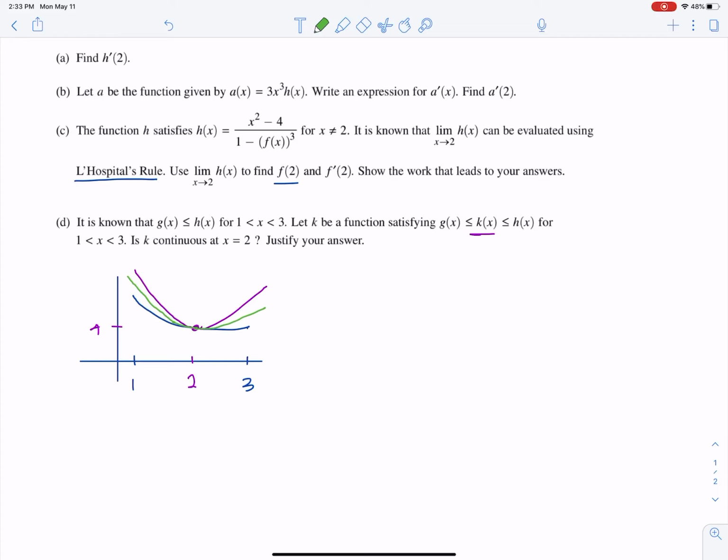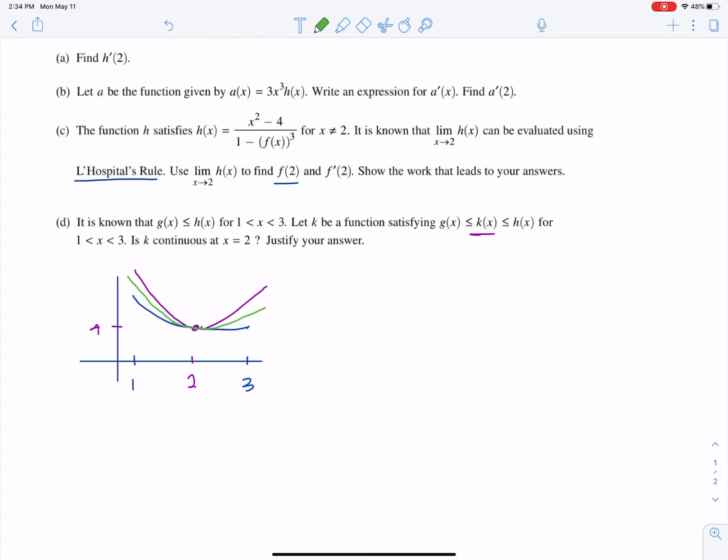When we squeeze a function in like that, that's called the squeeze theorem. It's where you say this function has to be in between these two, and it has to equal this value because these two other functions are squeezing it, and there's nowhere for it to go. So in this case, the purple and the blue function both equal 4 at x equals 2, and because green is in between them, it too has to equal 4. That's by the squeeze theorem.